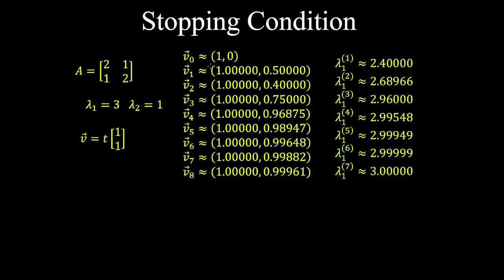For an iterative method, like the power method, we need a condition to stop the iterations. And particularly for large systems, we won't know the eigenvalues.